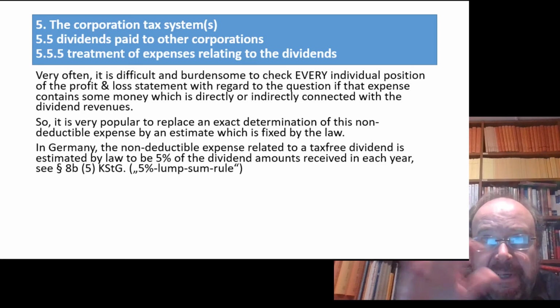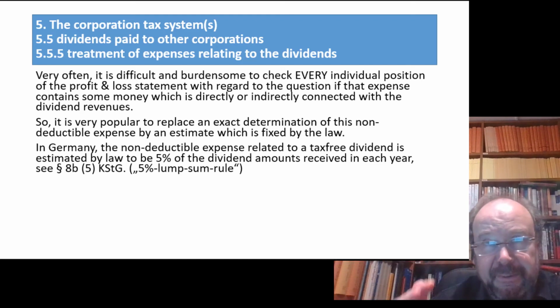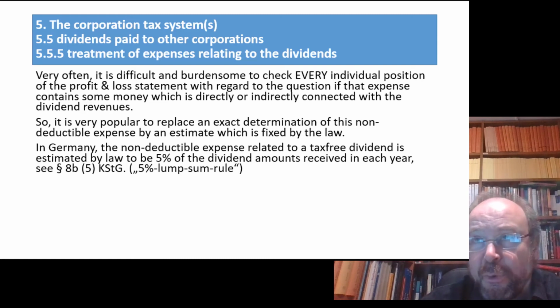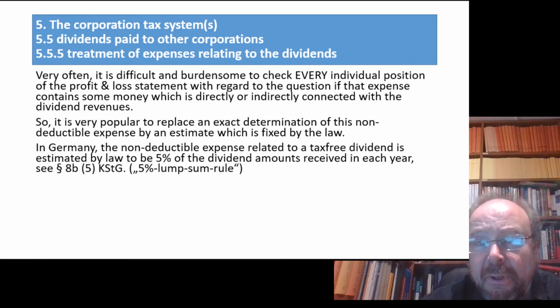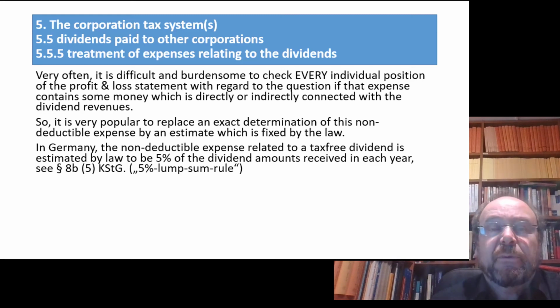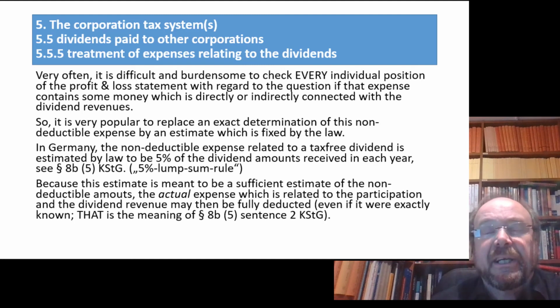So over time, the years where the 5% is too much and the years where the 5% is too low will equalize each other. So that's the idea of that 5% lump sum rule. And that simply says, okay, by this solution, we can have an easy solution which is not too unfair and saves a mass of bureaucracy and disputes.